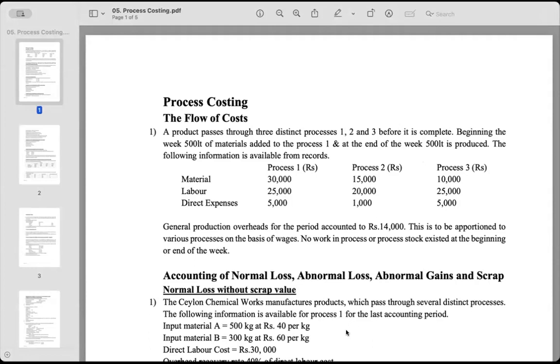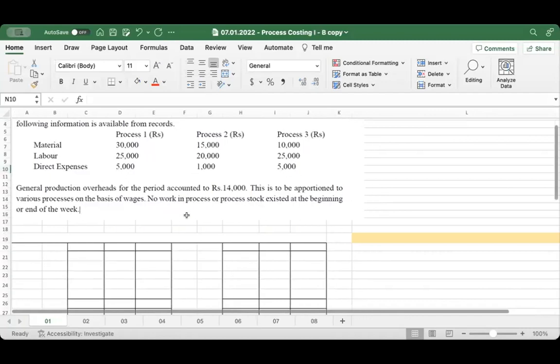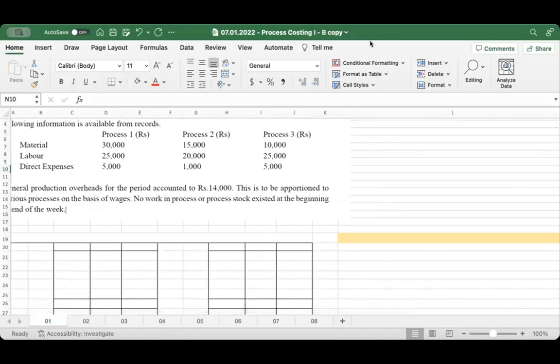Now let me share the Excel. Try to do this by yourself if you can. If not, you can do this with me.